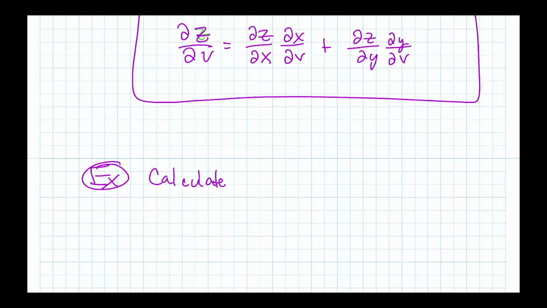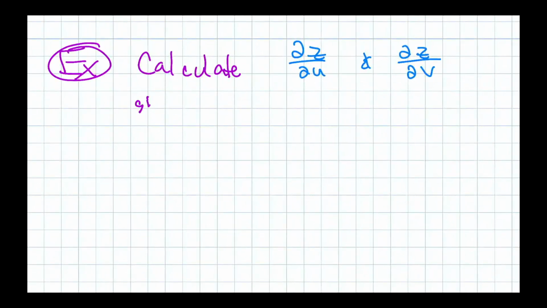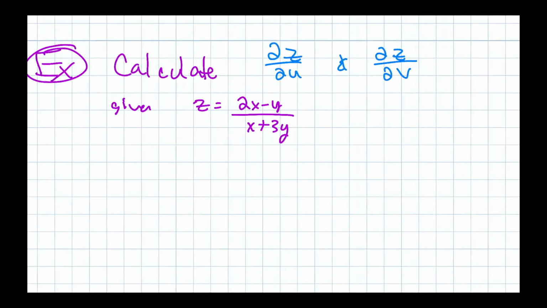Okay, so let's say calculate, what do we want? Partial z with respect to u and partial z with respect to v. Given, of course, we need functions here. We're going to use z as a function of x and y: 2x minus y over x plus 3y.